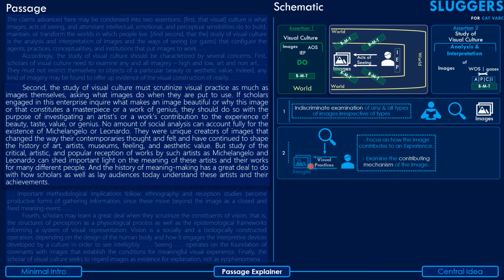How exactly is that image contributing to the experience of beauty that the viewer feels towards that image? So the author is saying that scholars, while studying images, should also figure out what intermediate mechanism happens after the person has perceived this image and is now inferring that it is something beautiful, or a work of genius.